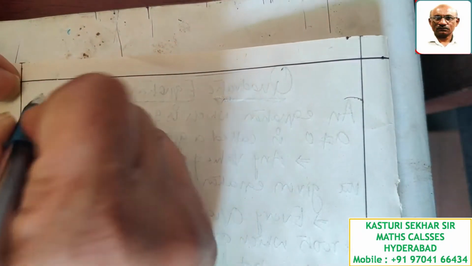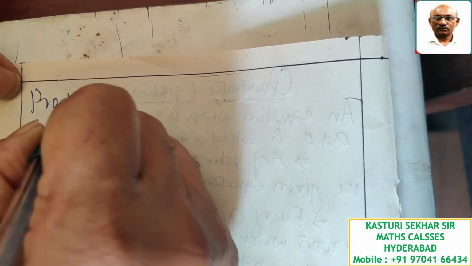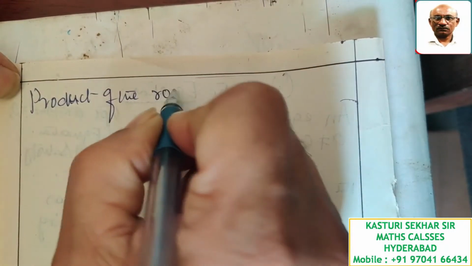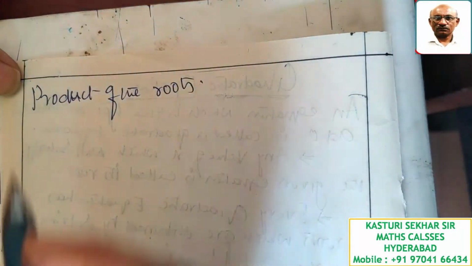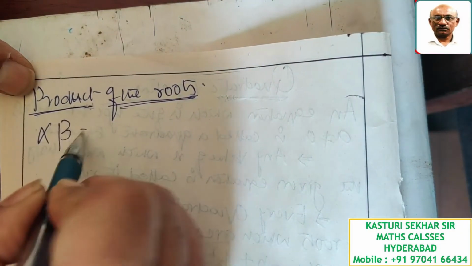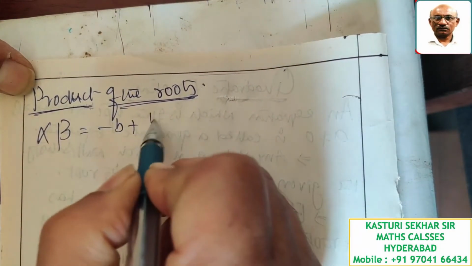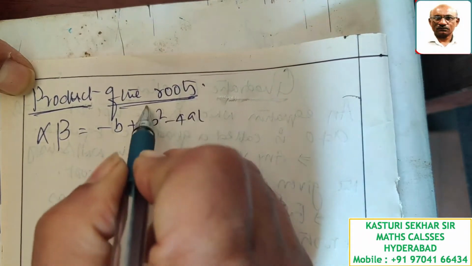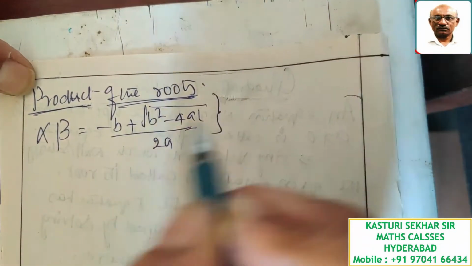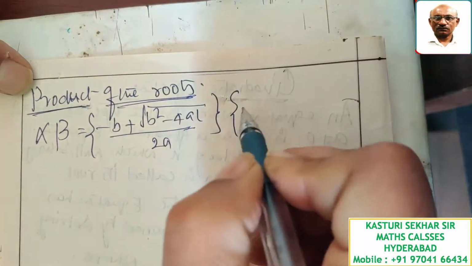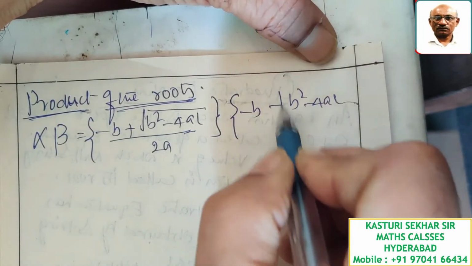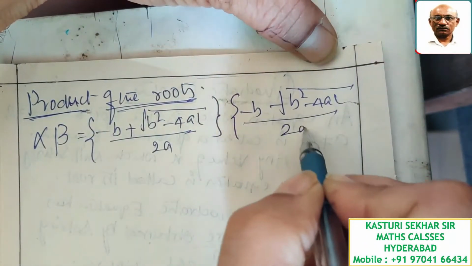The next relation is product of the roots. Alpha beta is equal to minus b plus under root b square minus 4ac, divided by 2a, into minus b minus under root b square minus 4ac, divided by 2a.